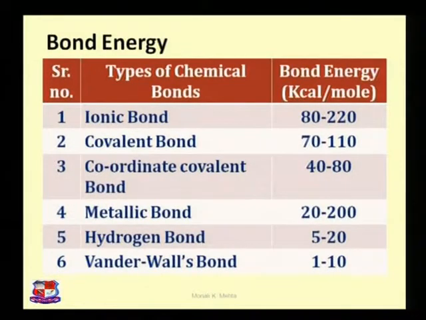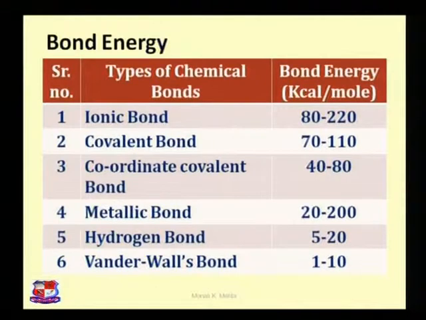We can now see the types of chemical bond and the energy of chemical bonds. Ionic bond has an energy between 80 to 220 kilocalorie per mole. In covalent bond, the energy is 70 to 110 kilocalorie per mole. In coordinate covalent bond, the energy is between 40 to 80 kilocalorie per mole.